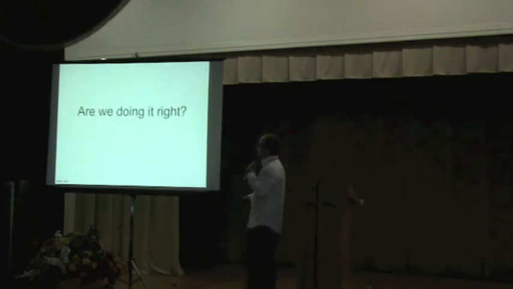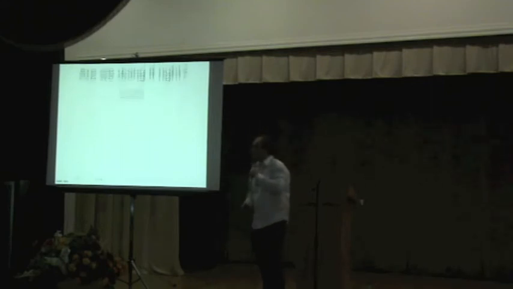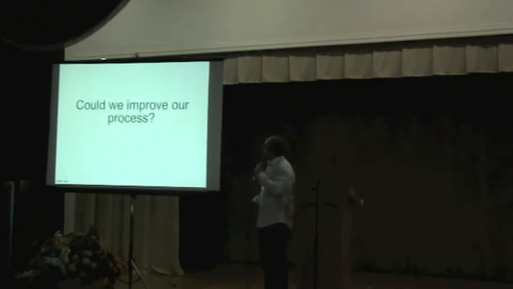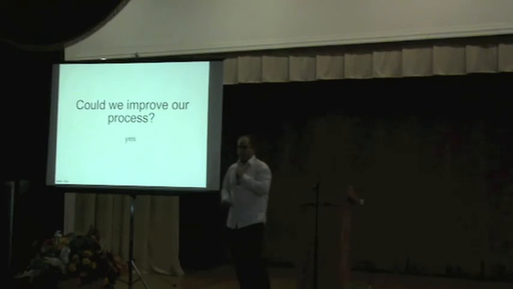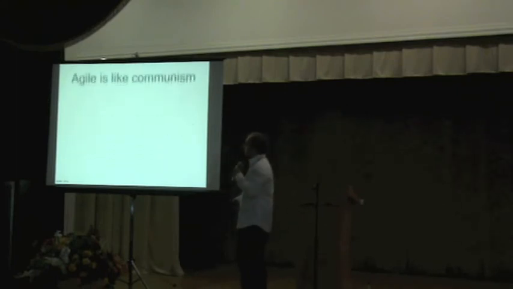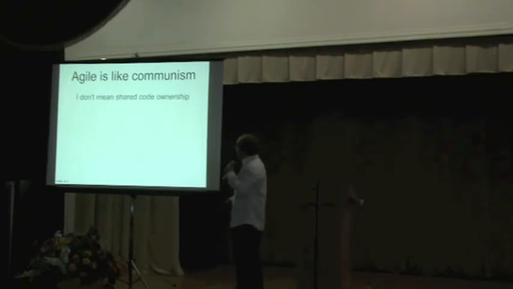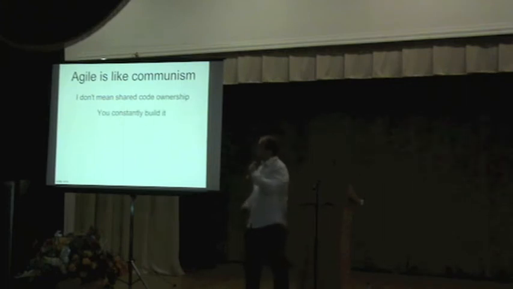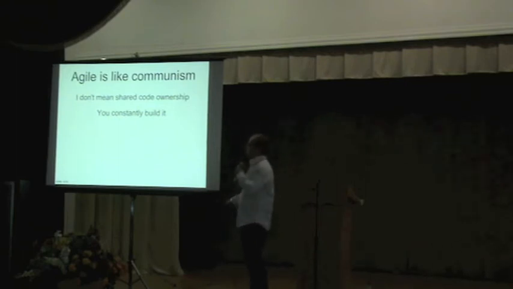And the question is, are we doing it right? Maybe. And could we improve our process? That's for sure. Because Agile is like communism. I don't mean shared code ownership, which is, by the way, great. But you constantly build it. They built communism for 50 years, and we build agility, trying to build agility more and more over the years.